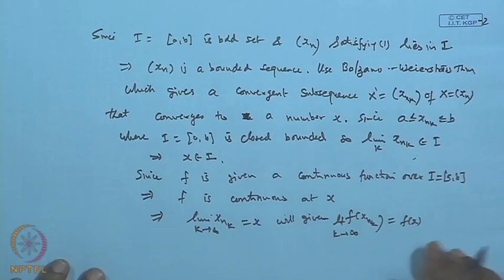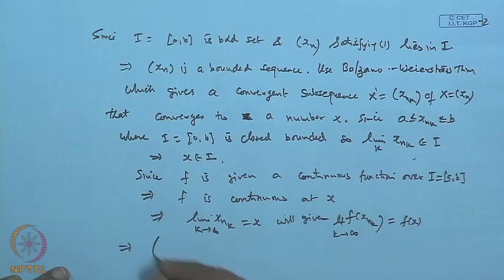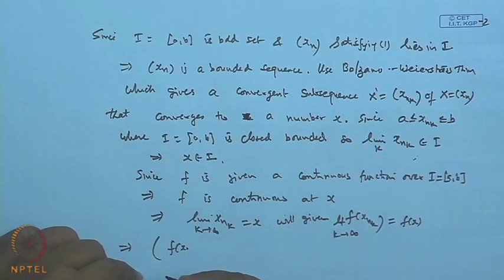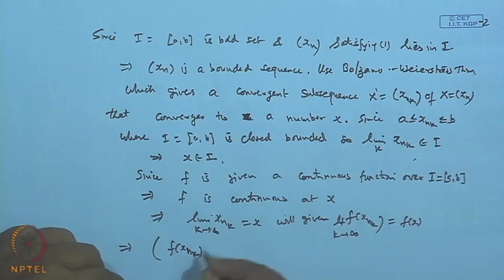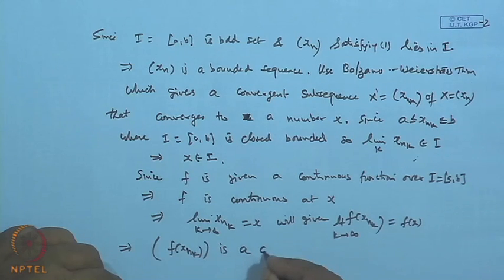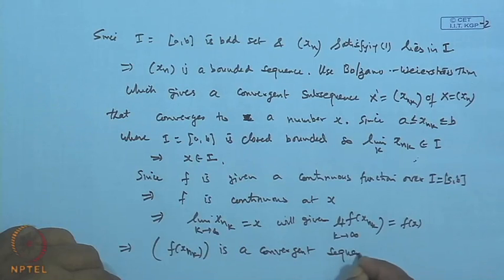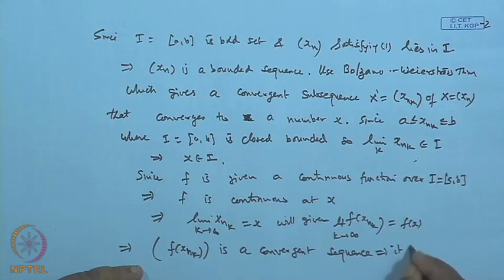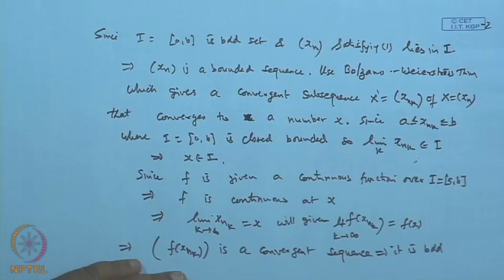So, what it shows? This implies the sequence f(x_{n_k}) is a convergent sequence, and a convergent sequence is always bounded. So, it is bounded.